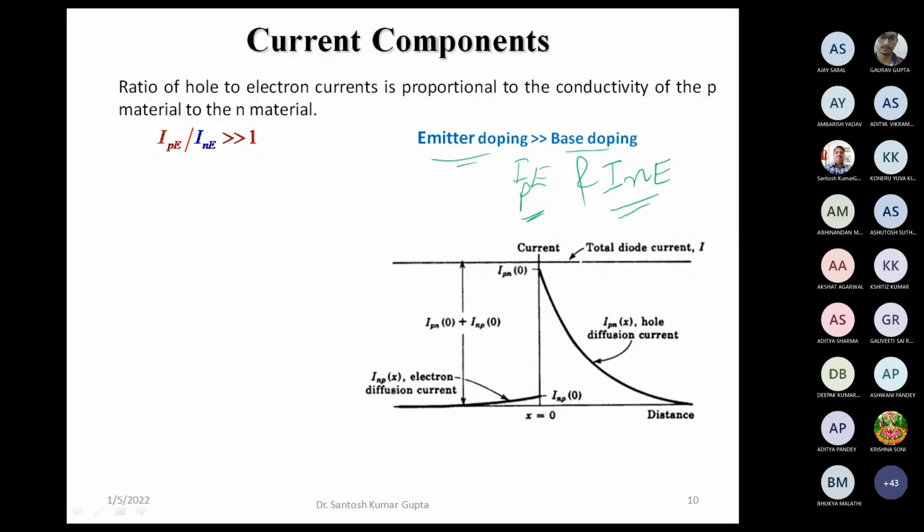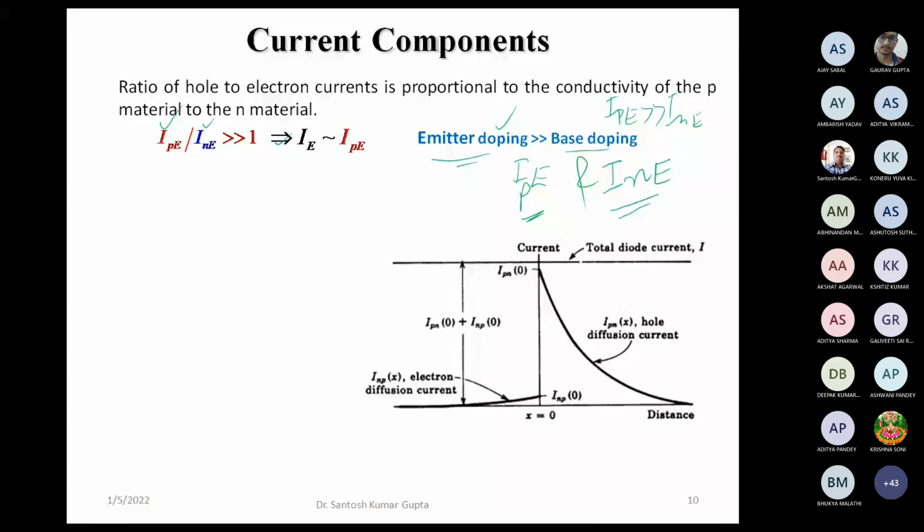They also depend on the level of doping. Because of this doping ratio, the current component IPE is very large compared to INE. This fact is shown over here.